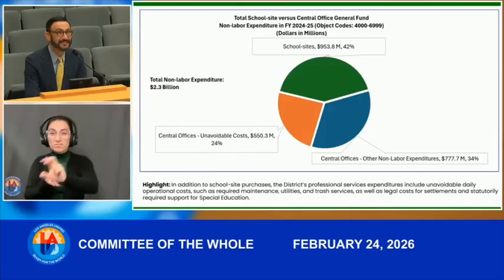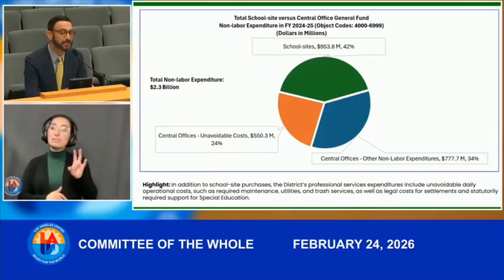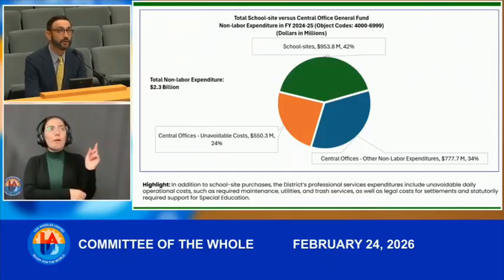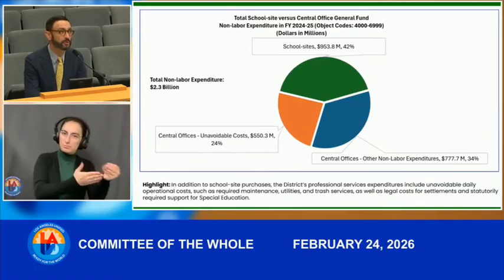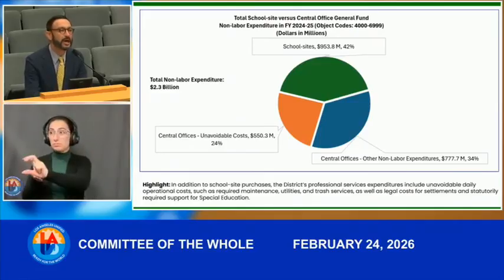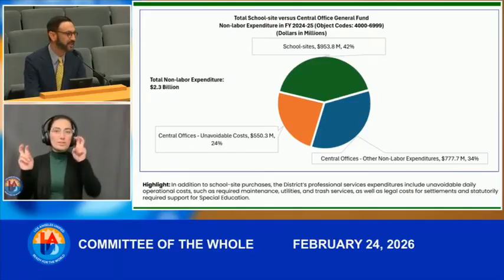About $778 million was within the central office or centrally administered programs that are other non-labor expenditures, and a substantial sum, over $500 million, were also centrally administered, but that we consider unavoidable costs. Unavoidable cost is not an official term.